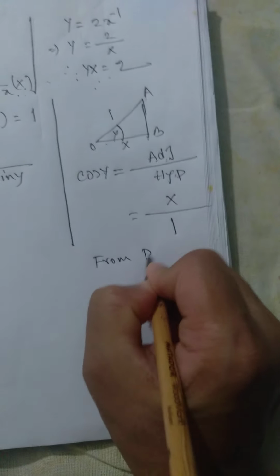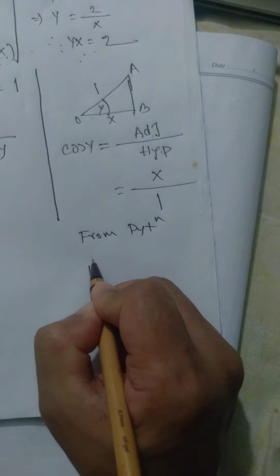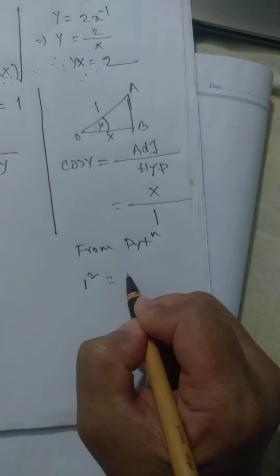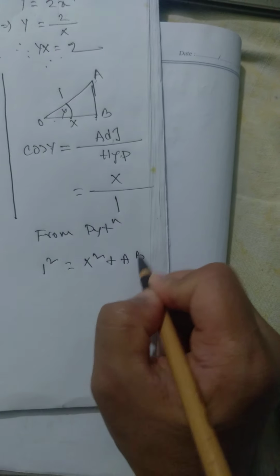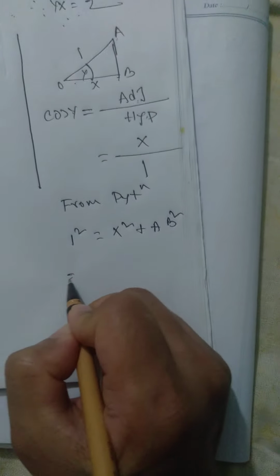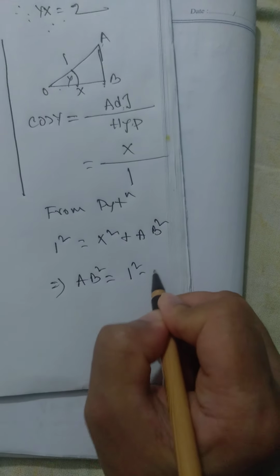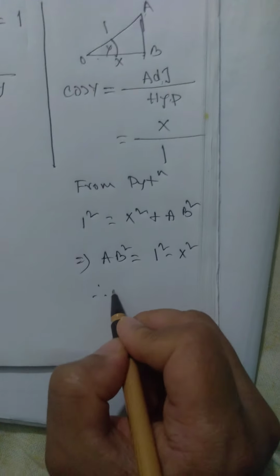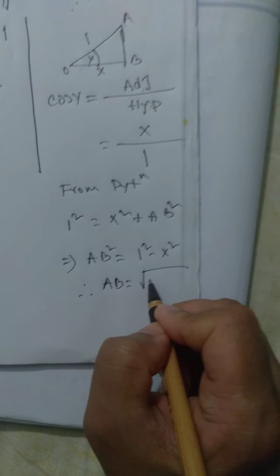From Pythagoras, what can we write? 1 square equals x square plus AB square. So AB square equals 1 square minus x square, or AB equals the square root of 1 minus x square.